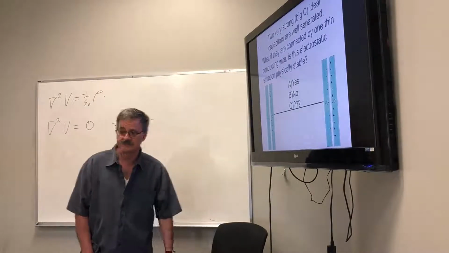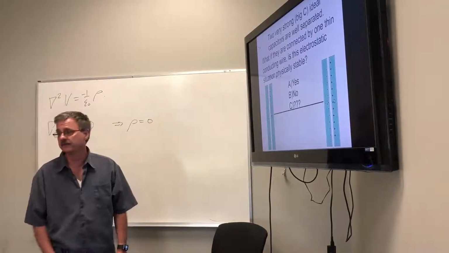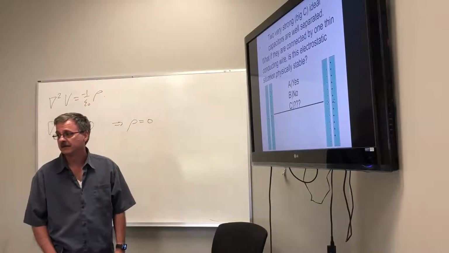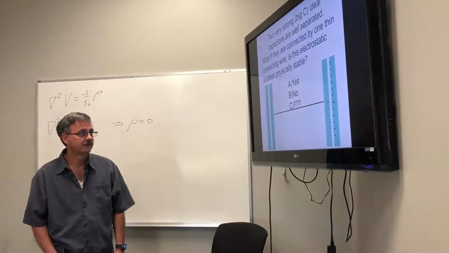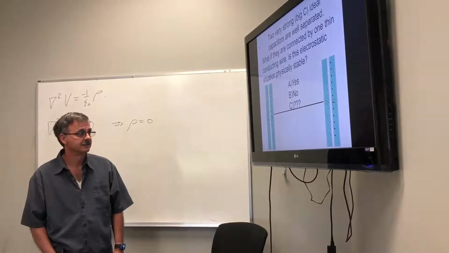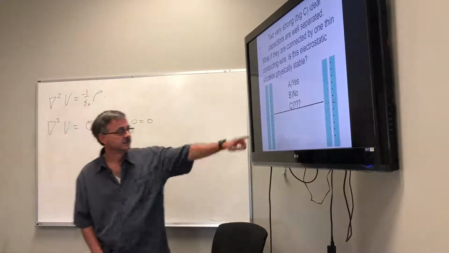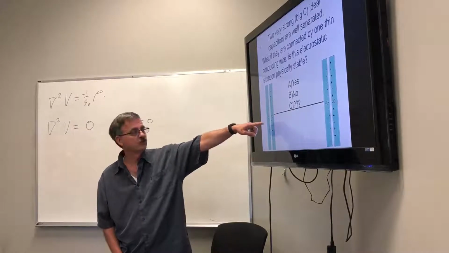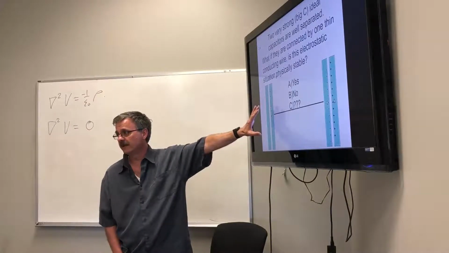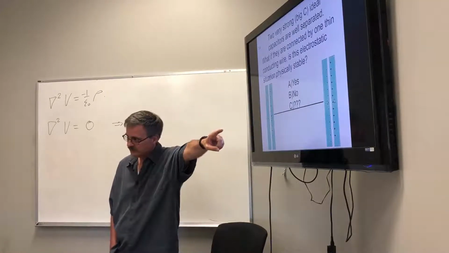Anybody got a reason why they chose yes or no? Well, there's still a negative plate connected to a positive plate, so there's going to be some potential. But I also see that the negative charges on the other side of the capacitor are attracting the positive. Right, and so I don't know. There's no place for this charge to go right now. Yeah, so for the negative charge to go, or the positive charges on the other side, yeah.